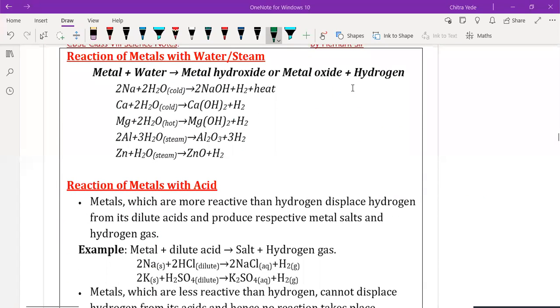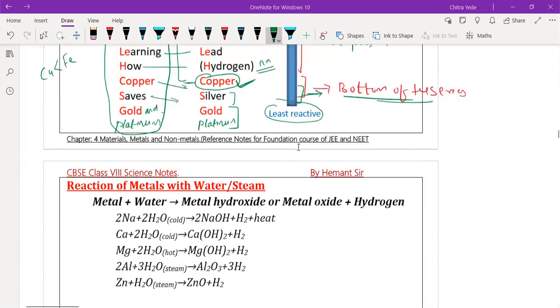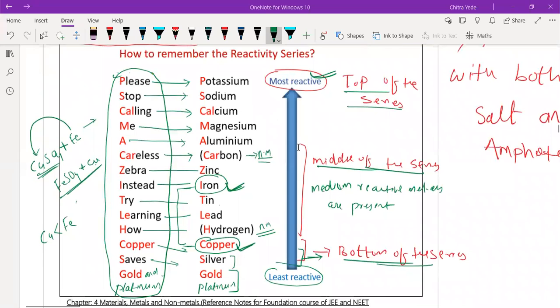Now we are going to understand the reaction of metals with water and steam. Steam means water vapor at a high temperature.